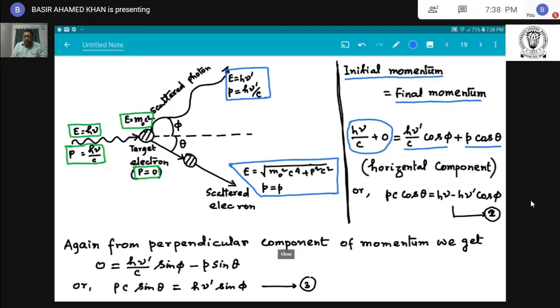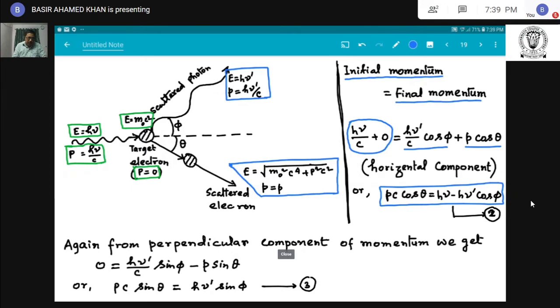That's why the horizontal component of momentum after collision becomes h nu prime by c cos phi plus p cos theta. That means pc cos theta equals h nu minus h nu prime cos phi. This is equation 2.